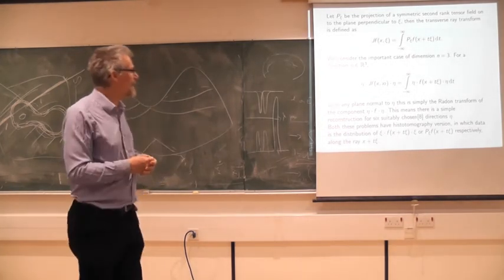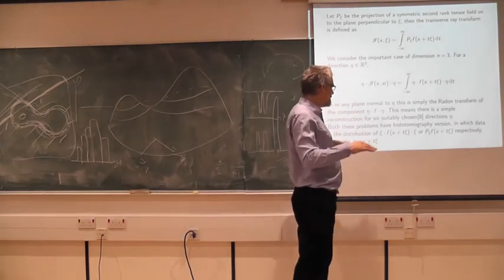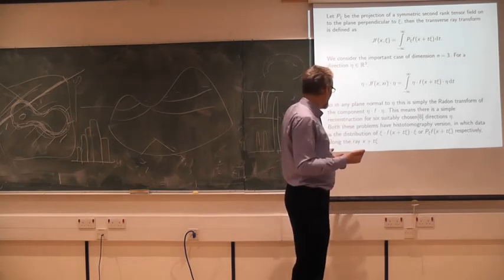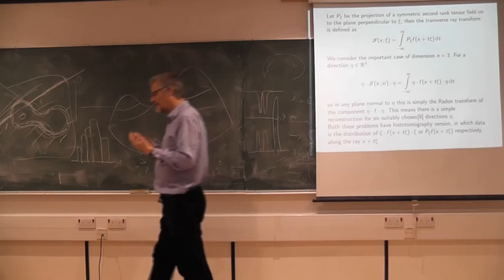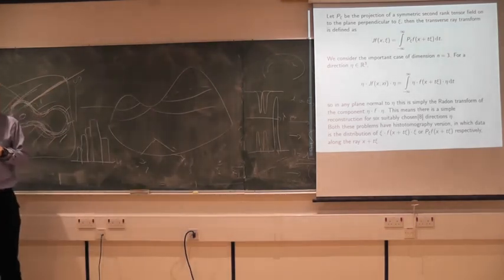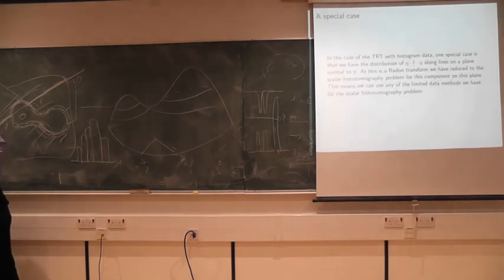So the neat thing about this rather complicated transverse ray transform is that plane by plane, the normal-to-the-plane component reduces to the scalar Radon transform in that plane. And so anything we know about the scalar version, we can just apply to that. So you may think, well, everything we know about the scalar histogram problem, we can also do the same thing. Okay, so I just said that.